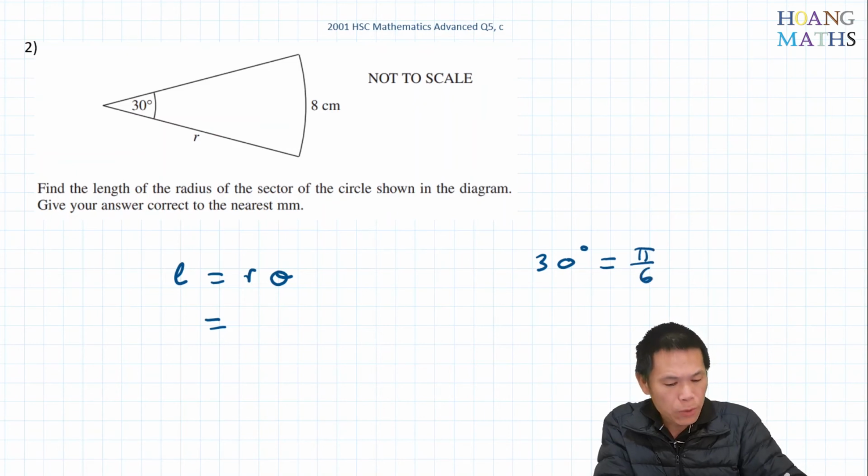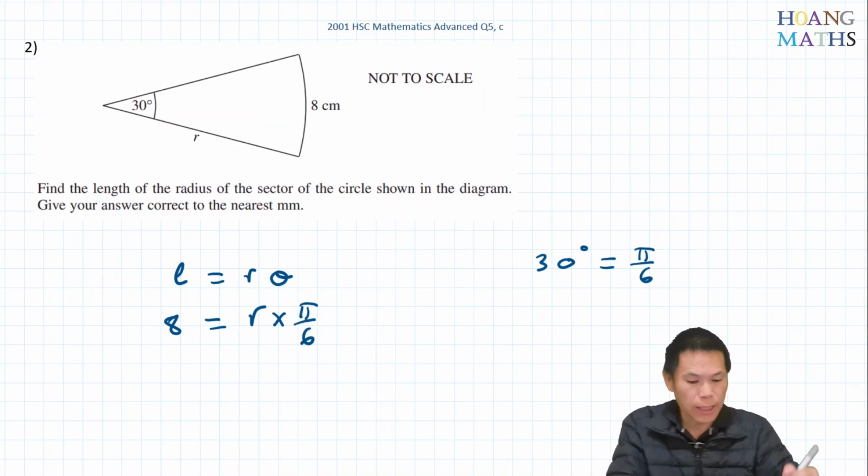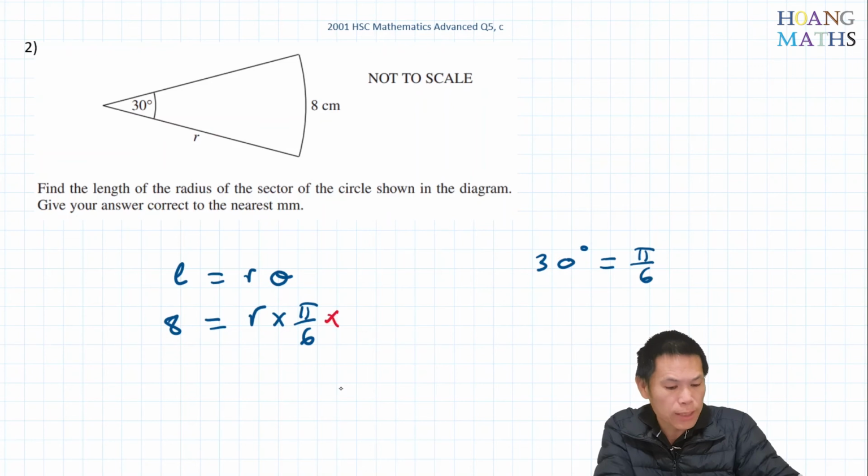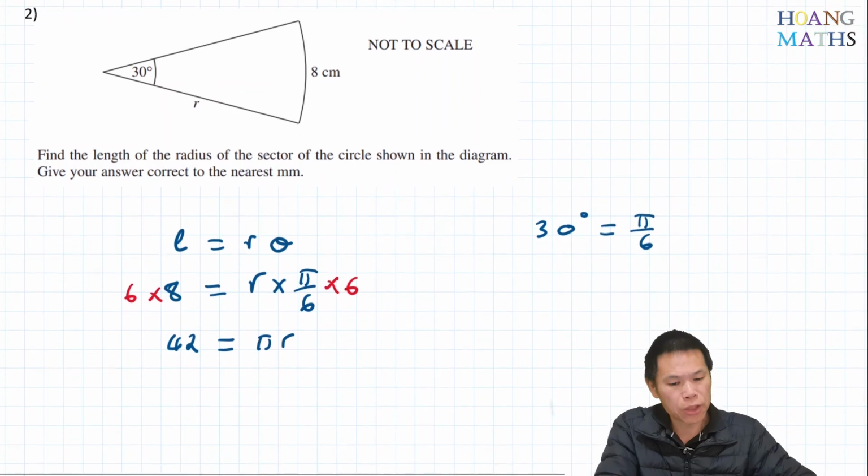So now we just go, the radius, which is R, and the arc length is 8, and then times by pi over 6. Now we just work this out by times 6 on both sides. So that will give me 42 is equal to pi R. Let me just move this up.